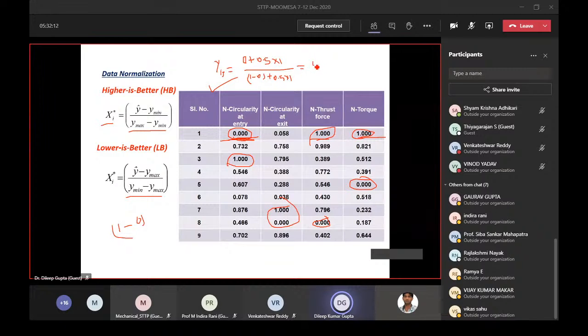Ultimately what you will get here is 0.5 divided by 1.5.